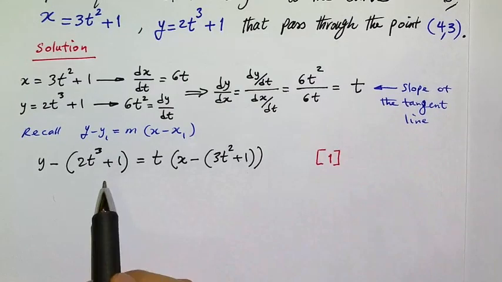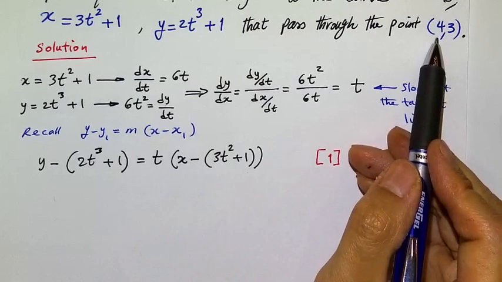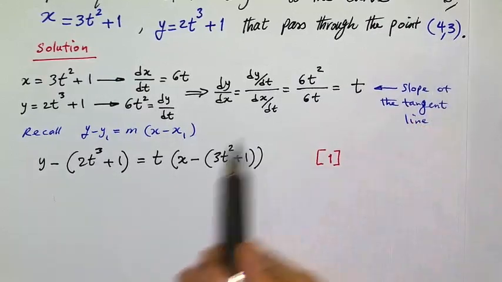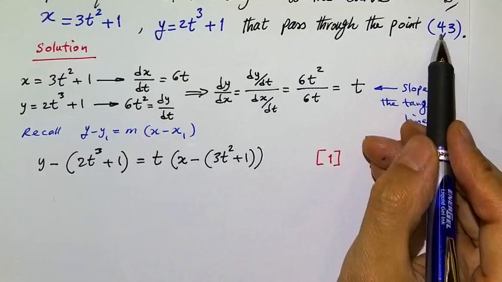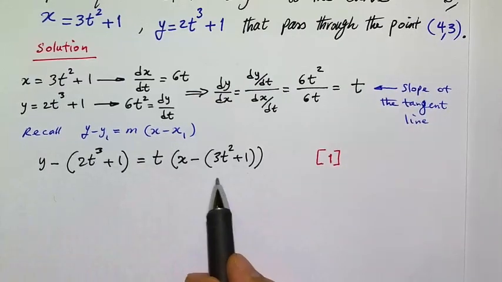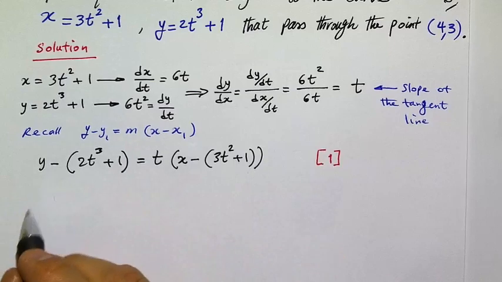So we will then replace y and x with those two values. We will replace y with 3 and this x with 4, to make sure that this line is going to go through that point.